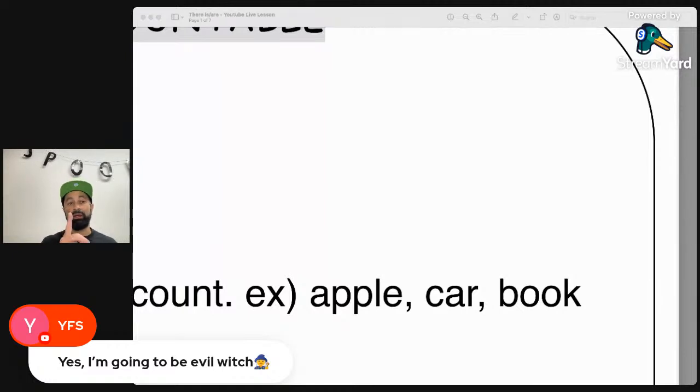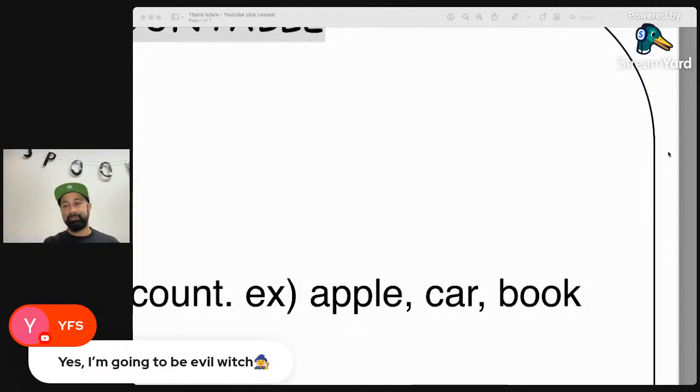I only have 1 car. And book, right near me, I've got one book. But if we go down into my office, then you'll see many books. I've got a lot of books, maybe 50, 60 books. These are all great examples of a countable noun.